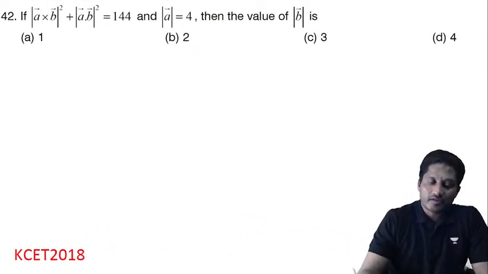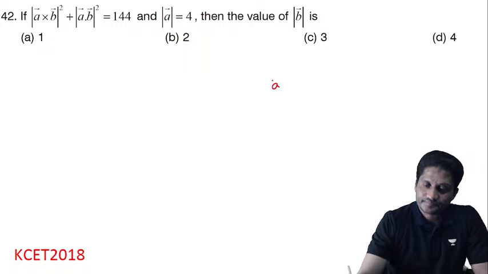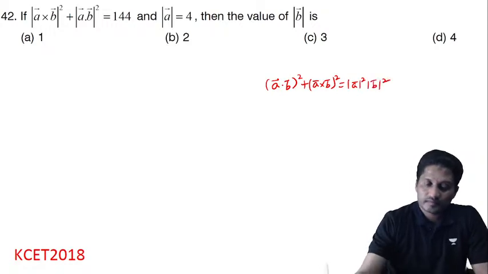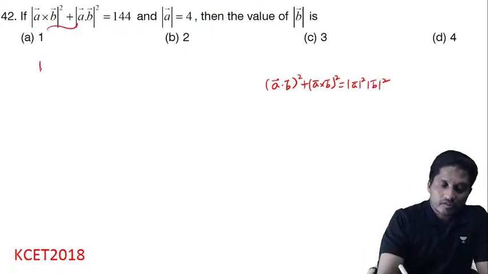See, I'll use Lagrange's identity. Dot the whole square plus cross the whole square equals mod a square into mod b square. Dot the whole square plus cross the whole square equal to 144.